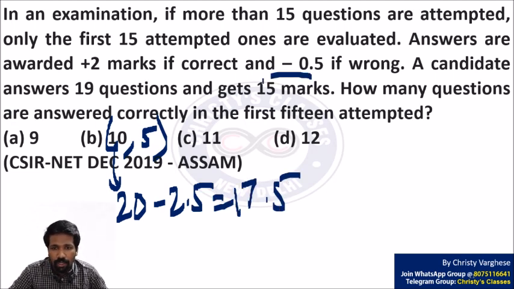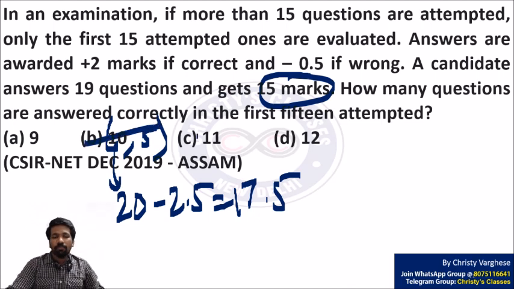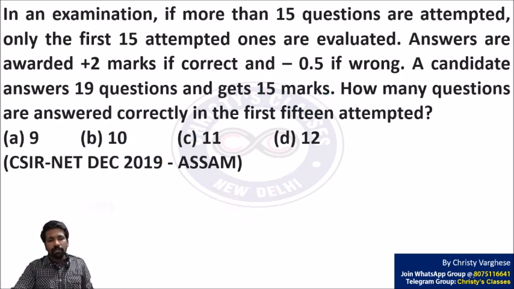That is not equal to 15 marks. So clearly option B is wrong. Luckily here the first option itself is the answer, so you can finish the question as soon as possible. Even if the second or third option was the answer, it won't take much time in this question. That is why elimination is better in this question also.